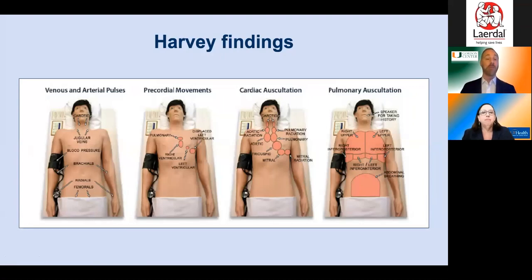I think sometimes people think Harvey is just a heart sound simulator, but in fact, you can get the full physical exam findings or patient assessment findings with venous and arterial pulses, chest wall movements, and of course auscultatory findings in all of the classic auscultatory zones, but murmurs will radiate to the carotids or the axilla and so forth as is appropriate. And we do have, from the digital versions of Harvey forward, the inclusion of pulmonary auscultation findings as well.